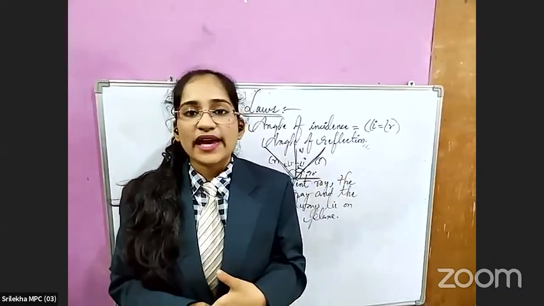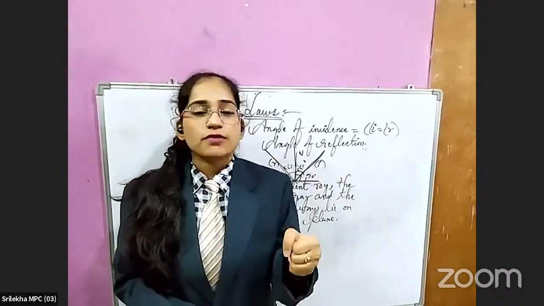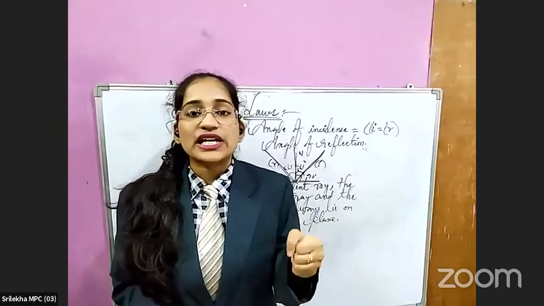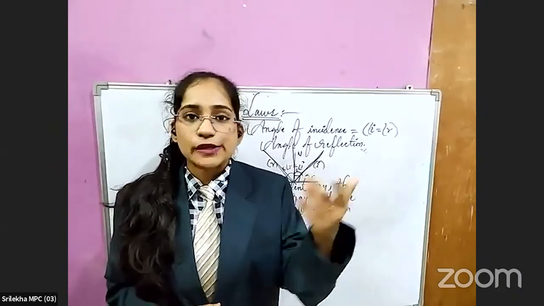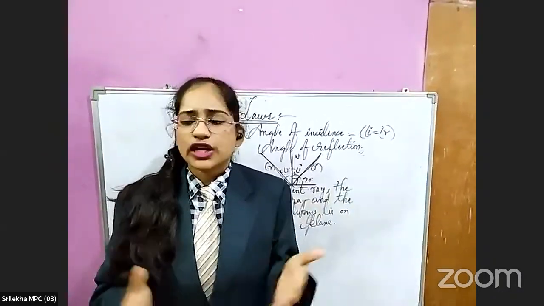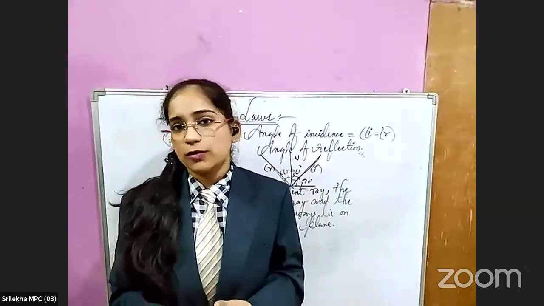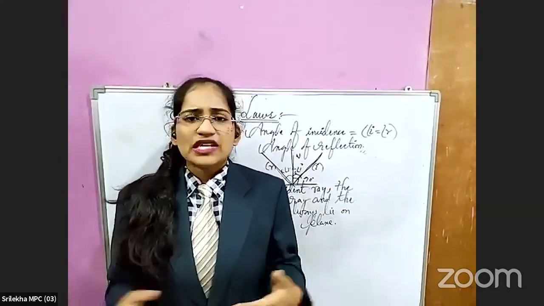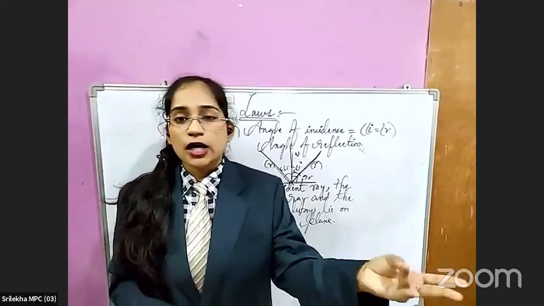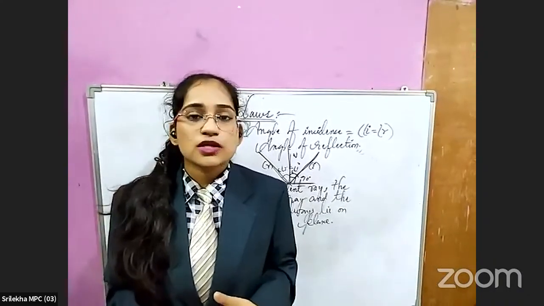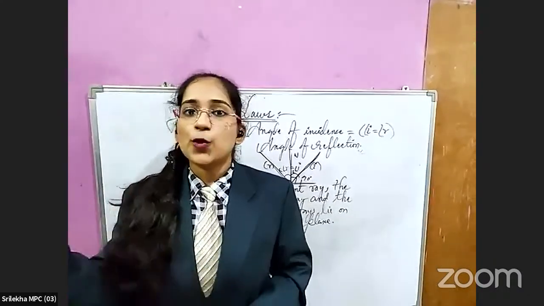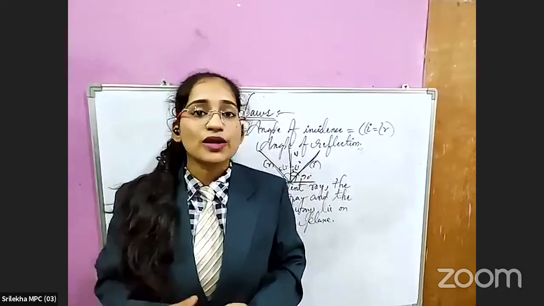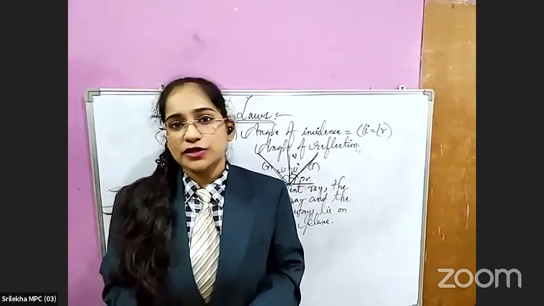The bodies which can emit their own light are said to be luminous bodies, and the bodies which cannot do so are called non-luminous bodies. Let us note some examples. Sun, star, etc. are luminous, and human beings, moon, earth, which cannot emit their own light, are said to be non-luminous bodies.